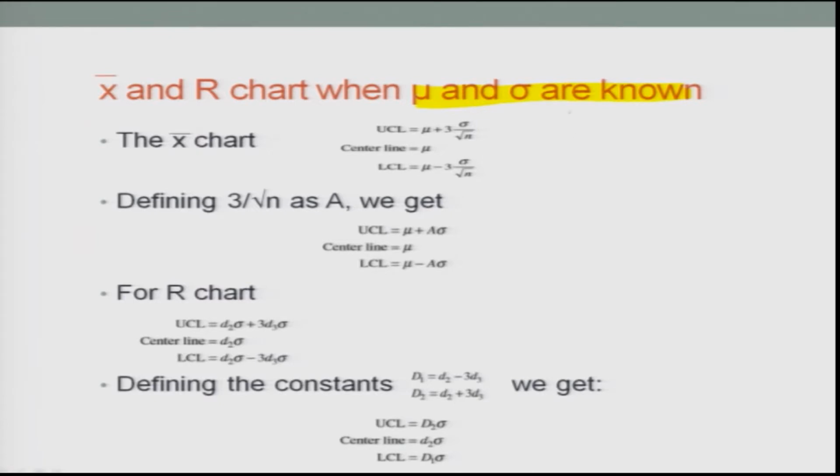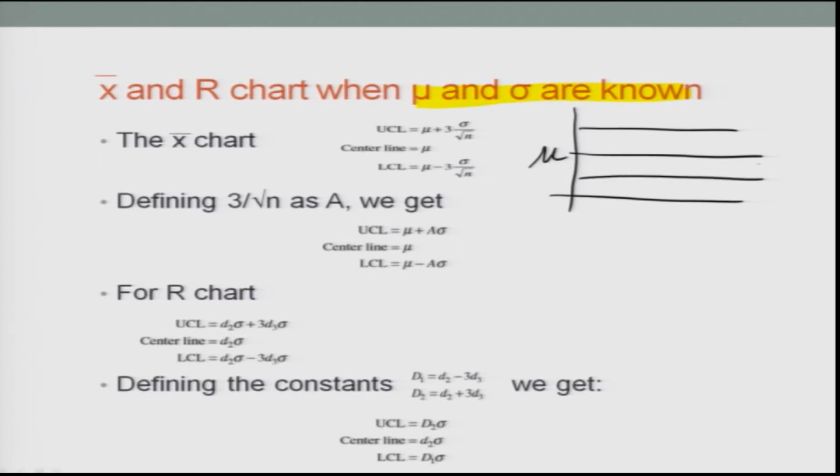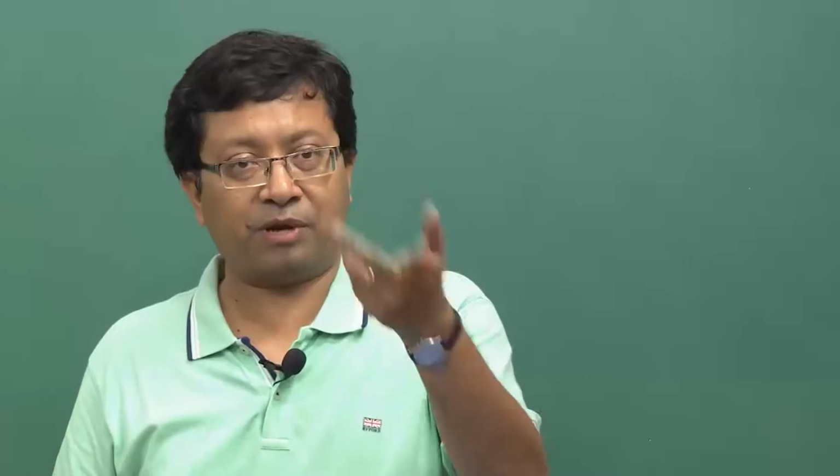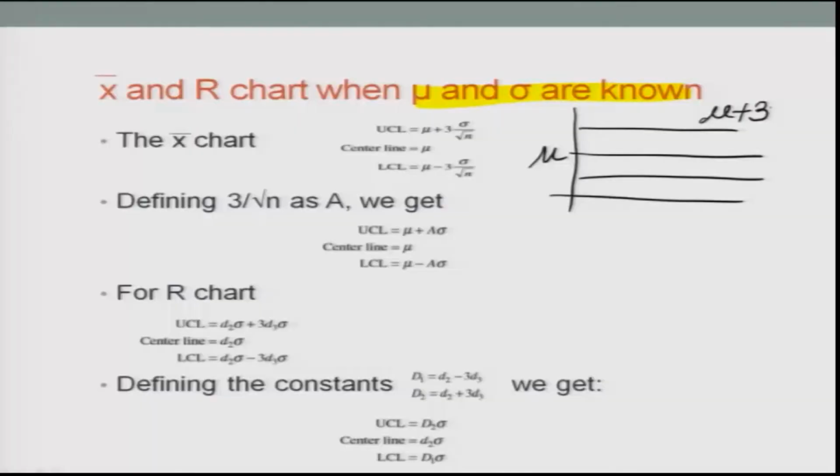Consider this is the central line, which is equal to mu. The upper control and lower control are mu plus or minus this term. This 3 value is dependent on the factor which was there. It may not be 3, it may be something else also. I will come to that.